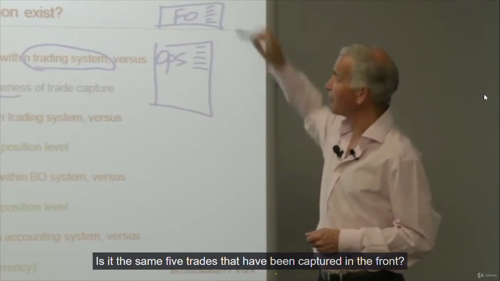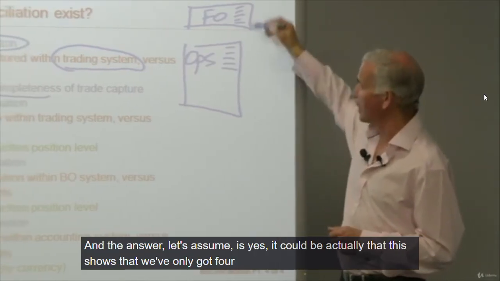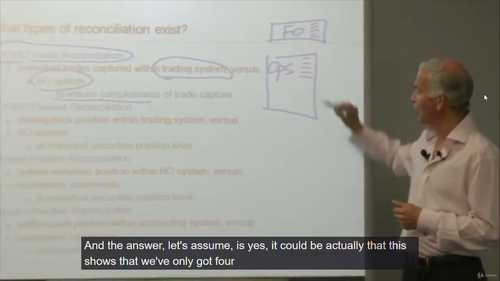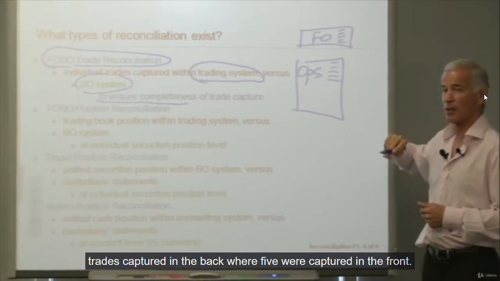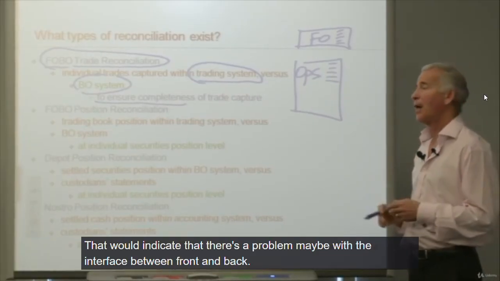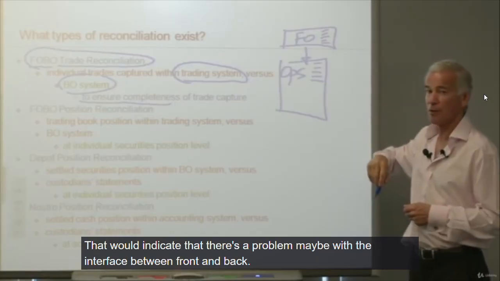Is it the same 5 trades that have been captured in the front? And the answer, let's assume, is yes. It could be actually that this shows that we've only got 4 trades captured in the back, where 5 were captured in the front. That would indicate that there's a problem maybe with the interface between front and back.